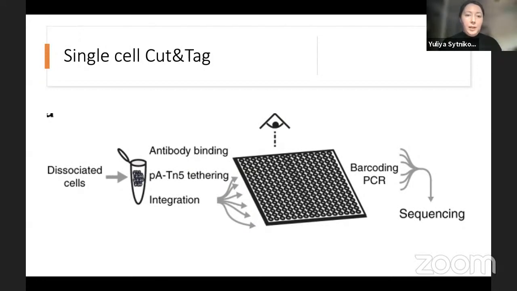So it allows to screen for transcription factor and histone modification binding sites across the cell population, and this could be also combined with other approaches to profile combinatorially RNA expression and protein association.